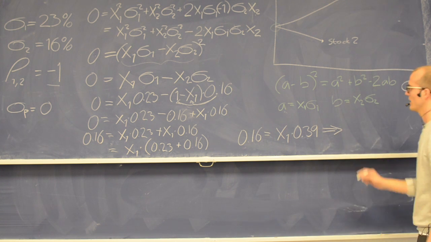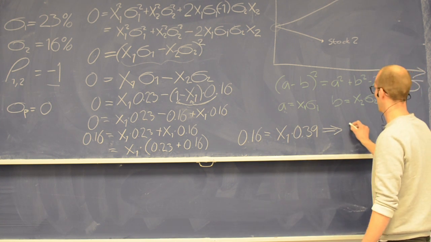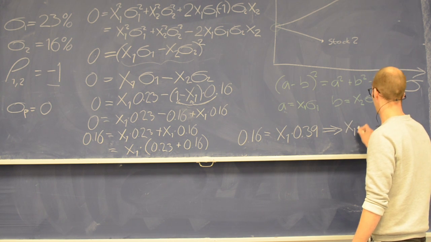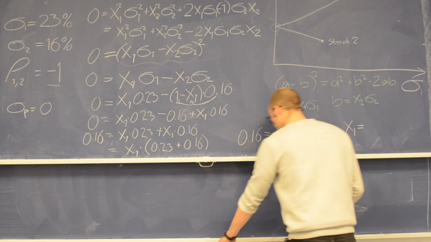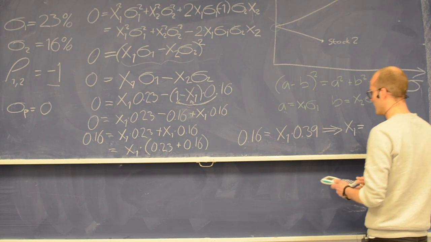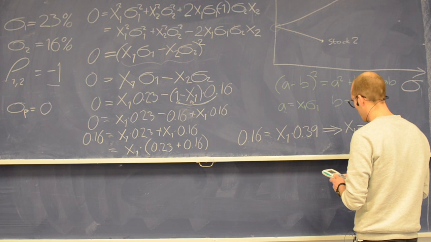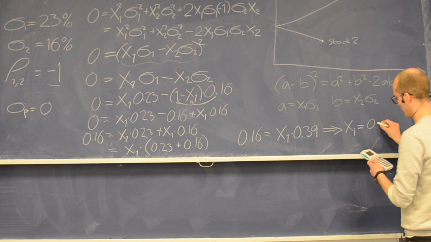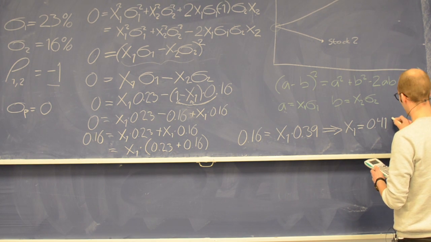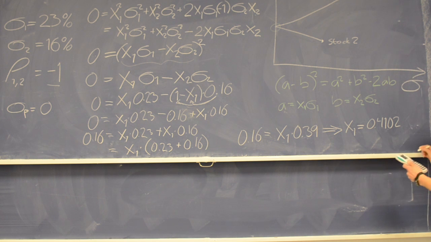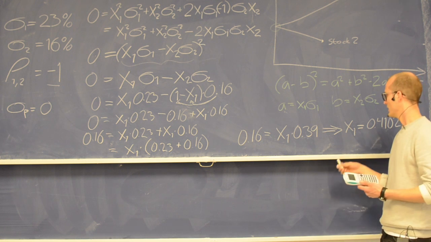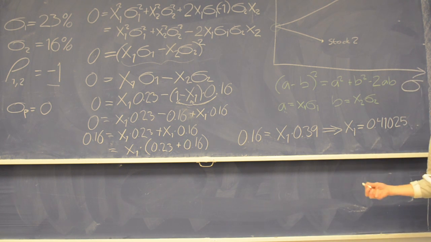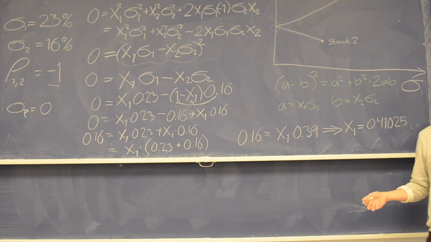This yields that if we divide by 0.39 on both sides, x1 is equal to, I need to use the calculator, 0.16 divided by 0.39, which is 0.41025, etc. And as I told you before, if we invest approximately 41% in asset 1, the rest, hence 59%, needs to be invested in asset 2.